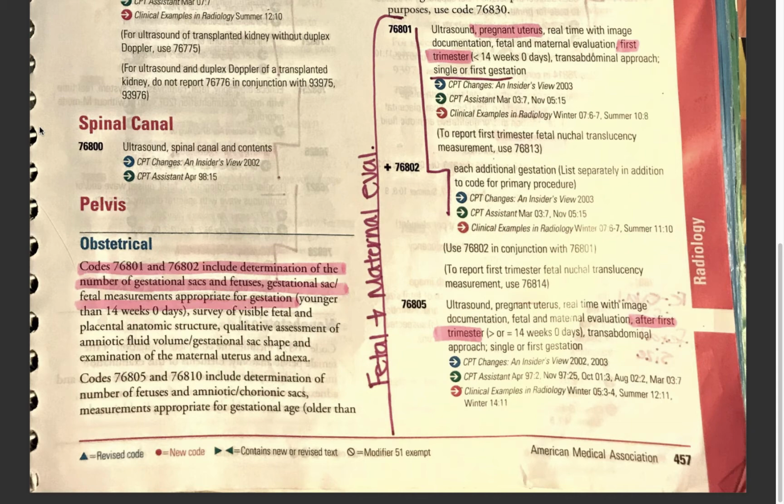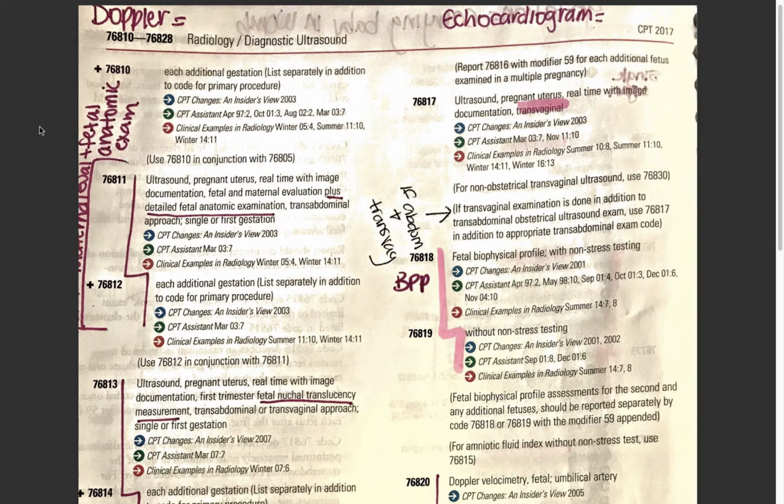76805 is ultrasound pregnant uterus real-time image documentation of fetal and maternal evaluation after the first trimester, and it gives you the weeks, and it is still transabdominal. Underneath 76817, ultrasound pregnant uterus real-time with image documentation transvaginal, there is a parenthetical note that says if transvaginal examination is done in addition to a transabdominal exam, use 76817 in addition to the appropriate transabdominal exam code.